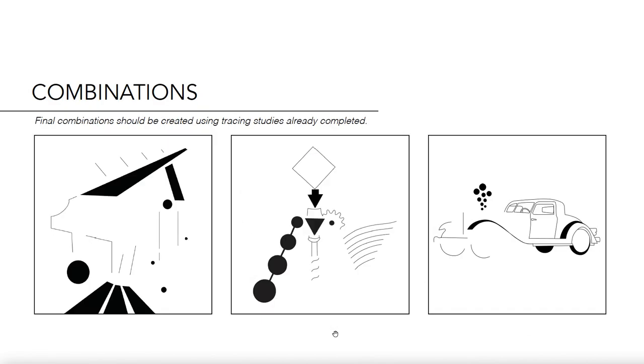In the end, your goal is to create these combinations, okay? You're not reinventing the wheel. Once you get to this stage, you've already done all the work, okay? All you have to do is copy your layers, and you could even create folders in Illustrator. I can show you how to do this. So don't freak out if you're not sure how to do it.